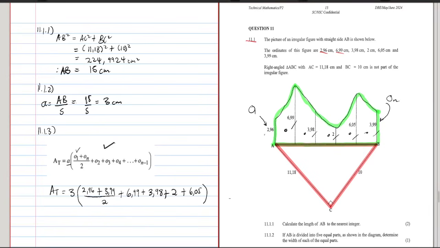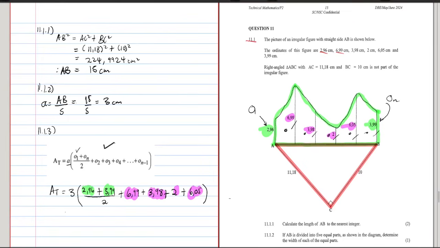So we started with this, which went into that. The 3.99 is substituted here, and then the rest of the ordinates go straight to o2, o3, o4, and then we have that.